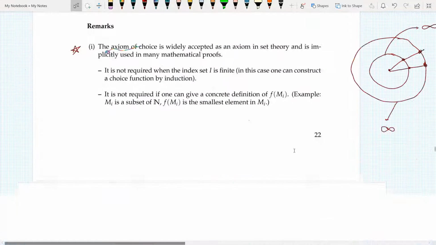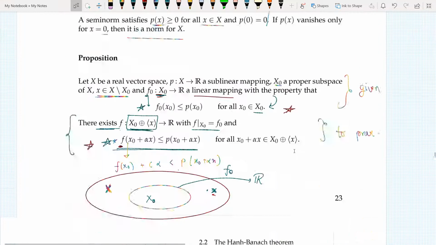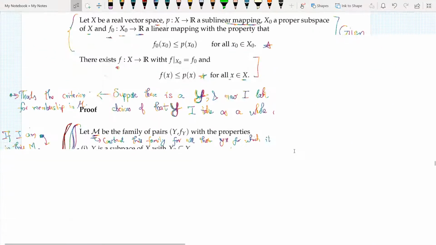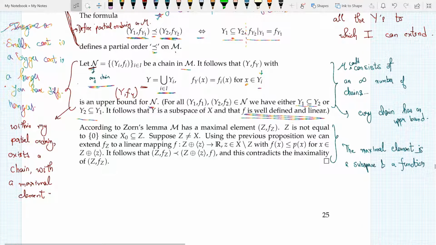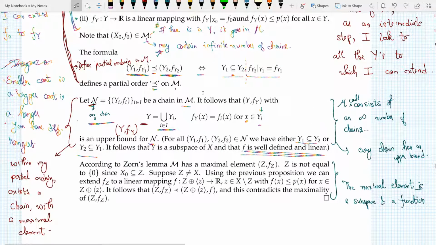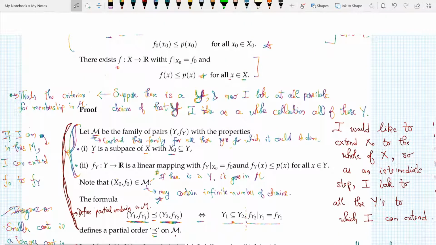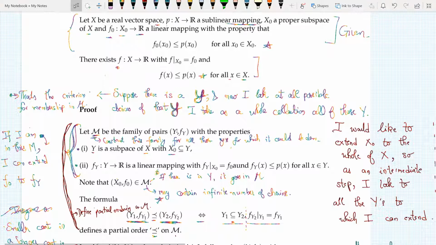And that's it, kaboom. Now I say that I have these chains defined on my partial ordering, and every chain has an upper bound. So X itself has an upper bound. In the same way, the capital M has an upper bound, and now we show that that upper bound indeed is capital X and f.